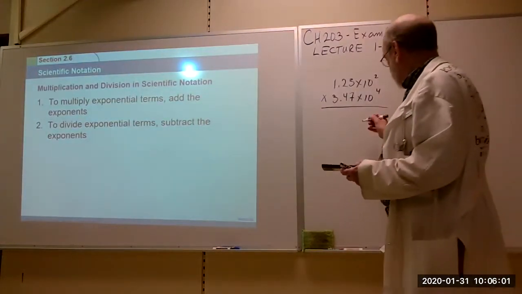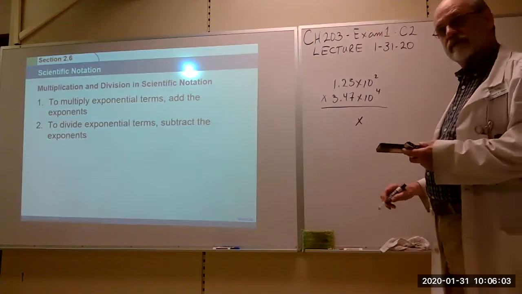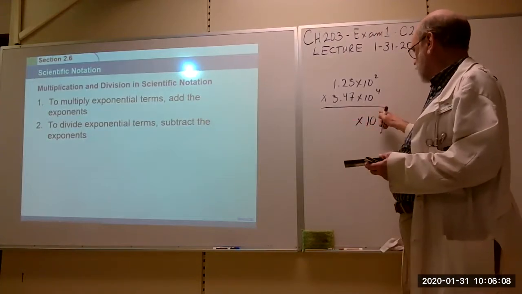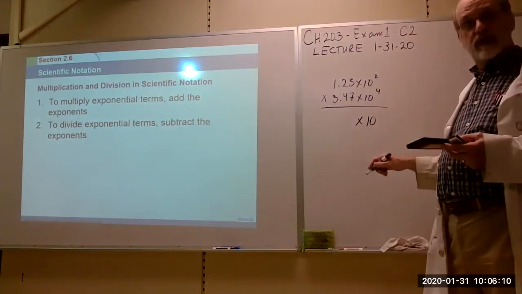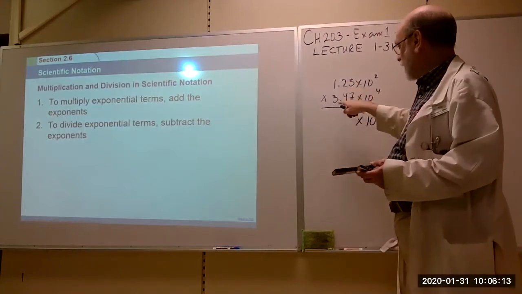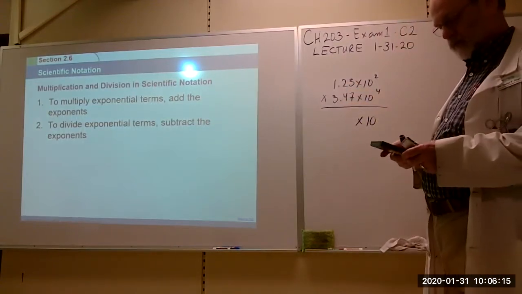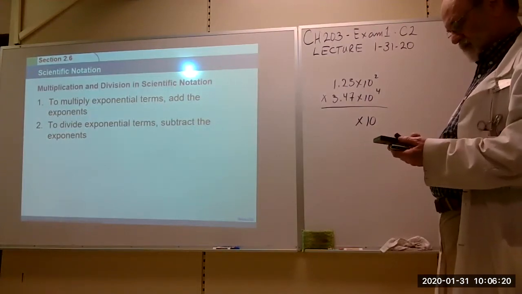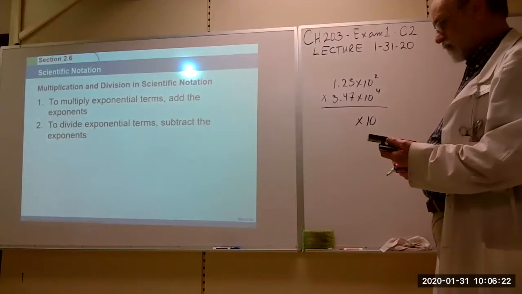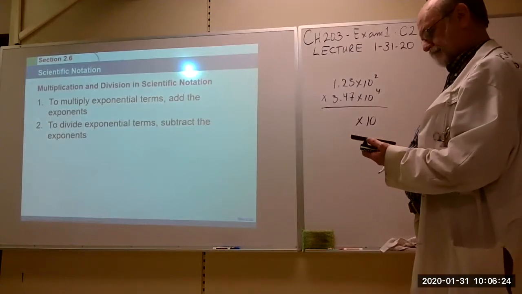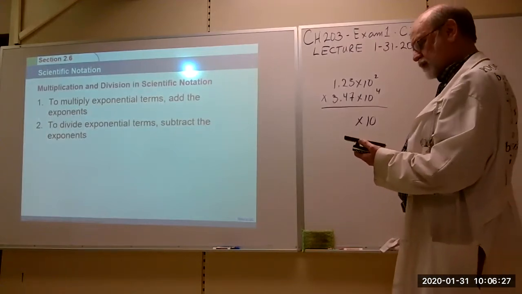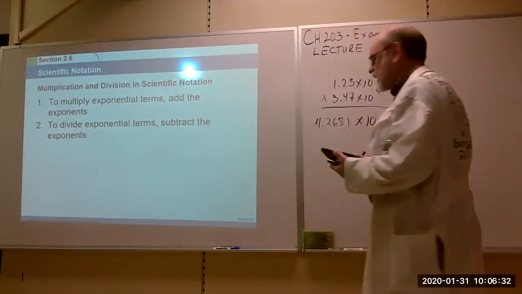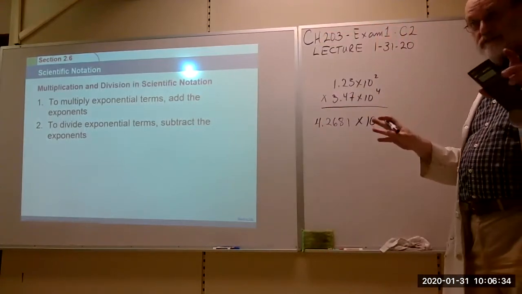You've got your multiplier down here, you've got your 10, and now we need to put a value for the coefficient and a value for the power of 10. This one is simple: you just multiply that one times that one. So 1.23 times 3.47 is 4.2681. I just keep everything from my calculator for now.